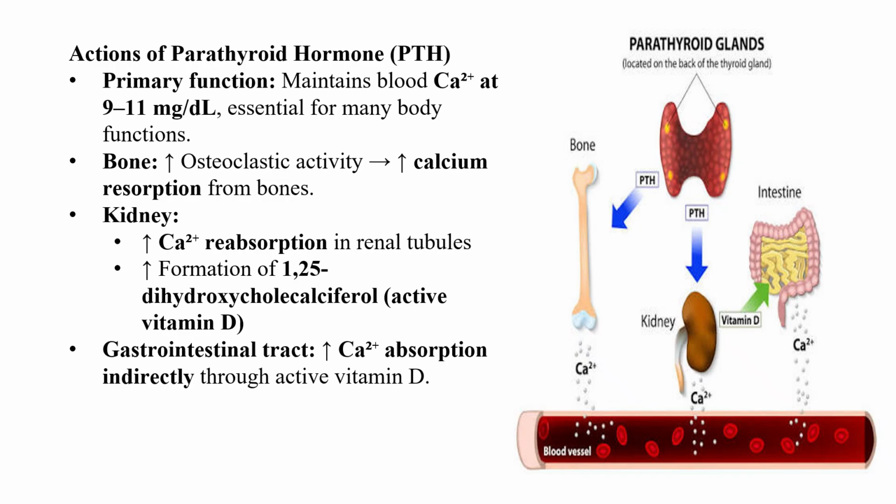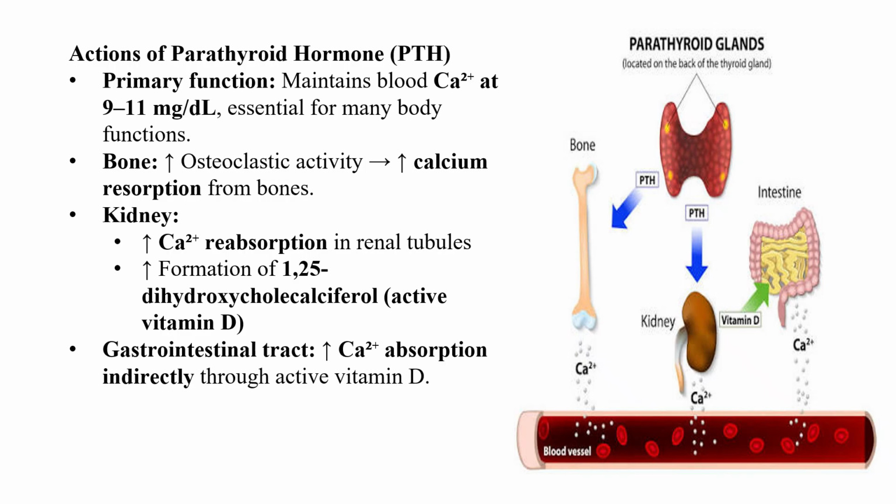PTH acts on several organs, particularly the bone and kidney, and it also indirectly affects the gastrointestinal tract. First, let us consider the bone. PTH increases osteoclastic activity, which increases calcium resorption from bones. This makes calcium available to the bloodstream.